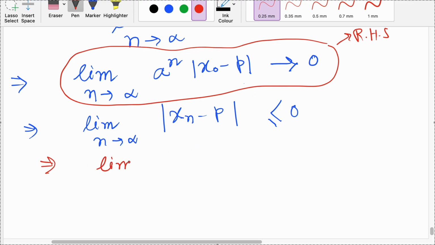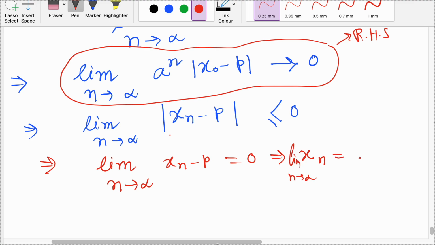By definition it cannot be less than 0, so it should be equal to 0. So xn minus p equals 0, so the limit as n tends to infinity of xn equals p.